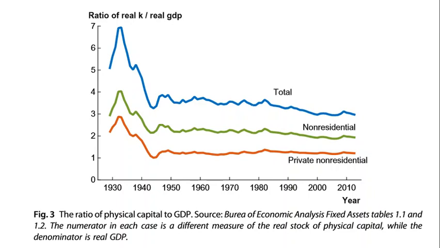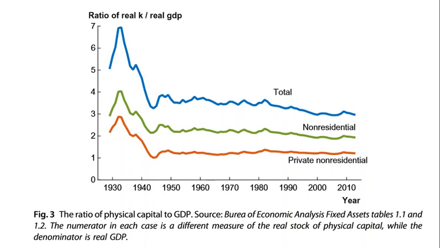Really, what we can say is that the actual physical capital that's employed in getting stuff done produces economic output of roughly 1/3 to 1/4 of its size, right? So that's this ratio of capital to GDP.